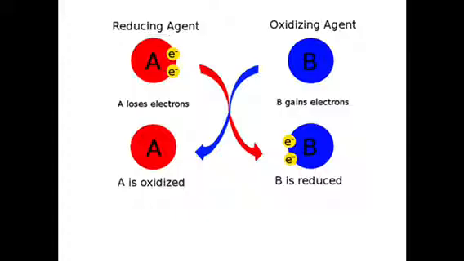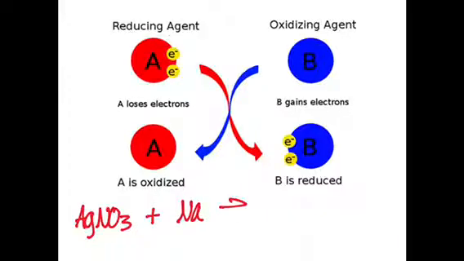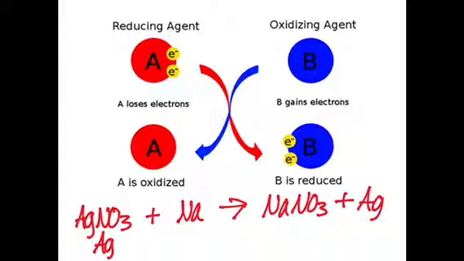Okay, so normally what I do is once I realize what's being oxidized, so we'll go back to that AgNO3 plus Na, and we said NaNO3 plus Ag, right? And we said that Ag was going from a +1 to a 0, right?